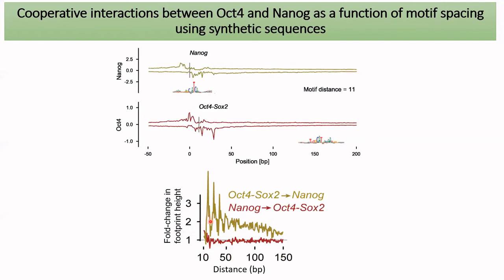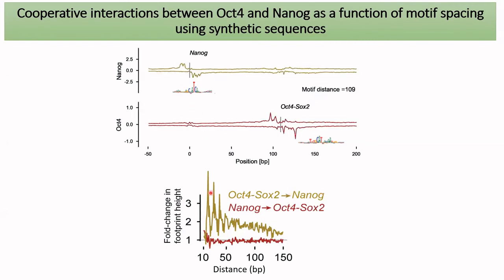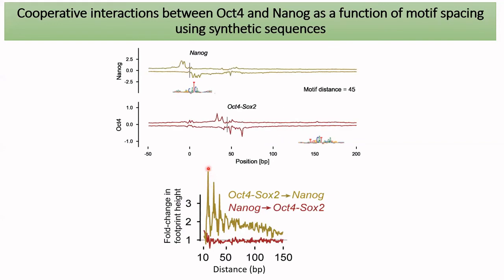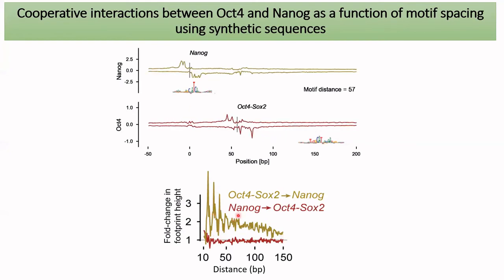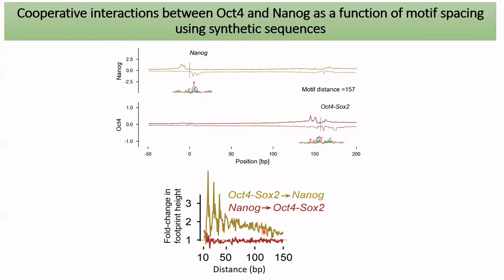The yellow curve is showing you the effect of moving the Oct4 motif towards the Nanog motif on Nanog binding, okay? And you see it has a massive impact. First of all, there are huge spikes in increase in footprint height when the Oct4 motif is nearby, and as you move it away, it drops. So there's an exponential decay in the effect of the Oct4 motif on Nanog binding.